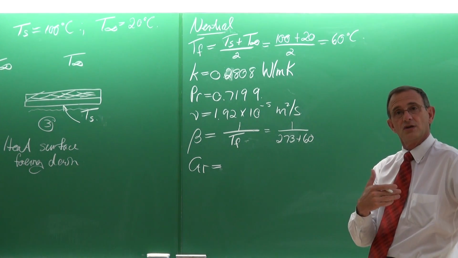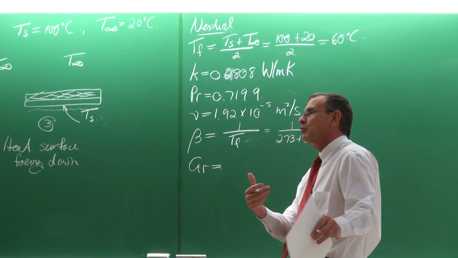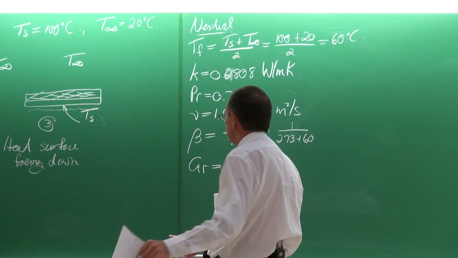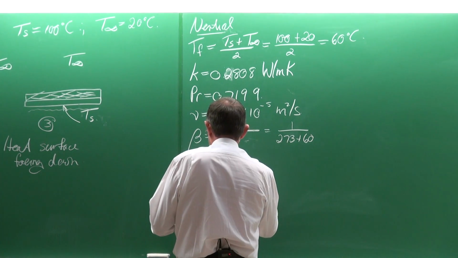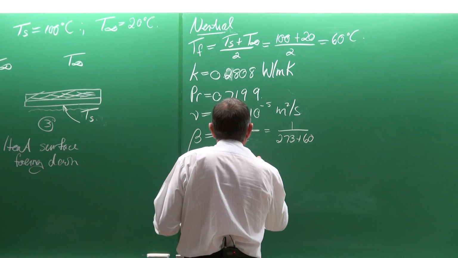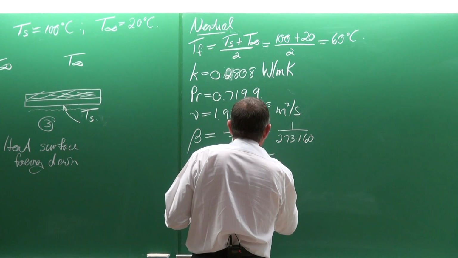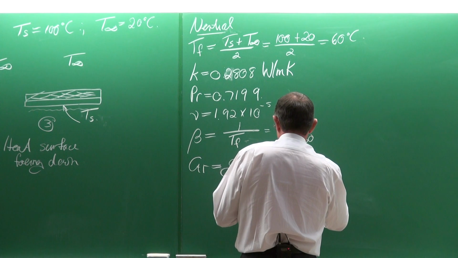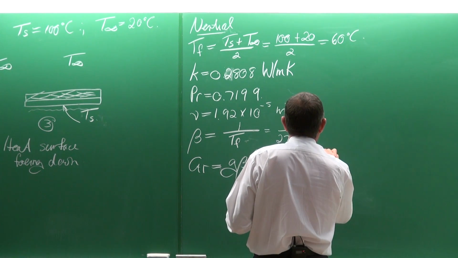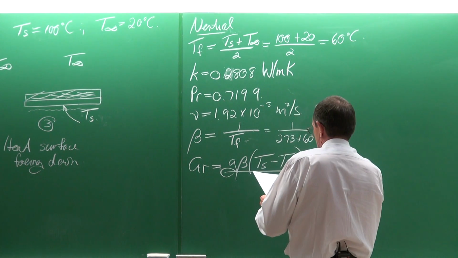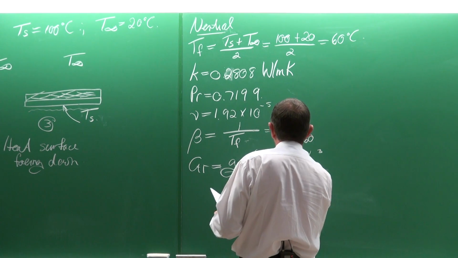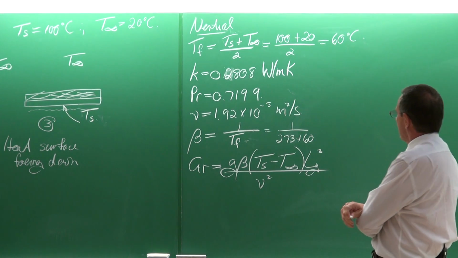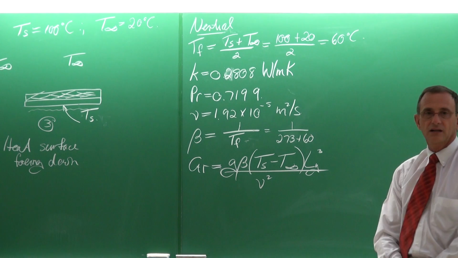And the fewer terms there are, the smaller your chances of making any errors. So the Grashof number is equal to g multiplied by beta, Ts minus T infinity, multiplied by Ly to the third, divided by the kinematic viscosity squared.